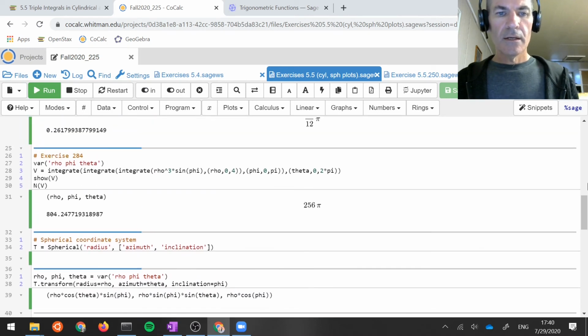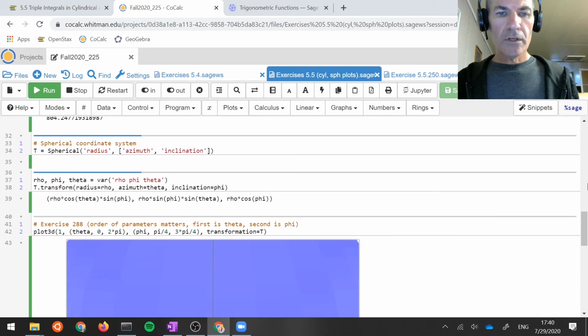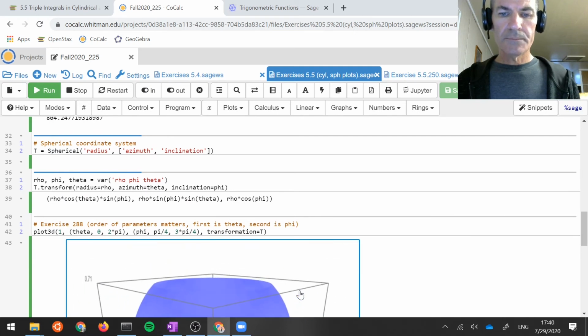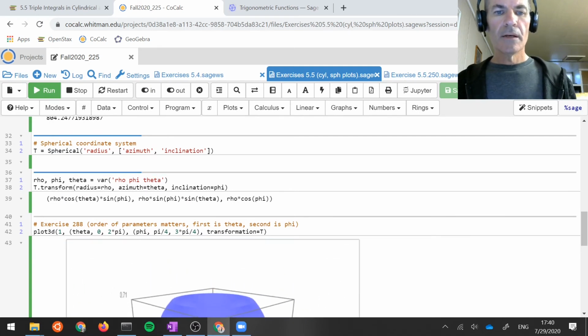Alrighty. So now we're going to set up a spherical coordinate system. So we tell it, hey, we're going to use the spherical coordinate system. We want the radius as a function of azimuth, which is theta, and inclination, which is phi. So this determines the order of things.